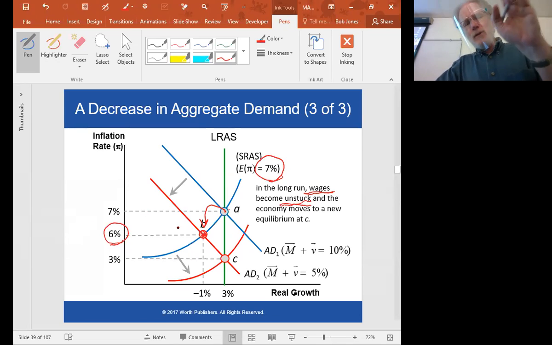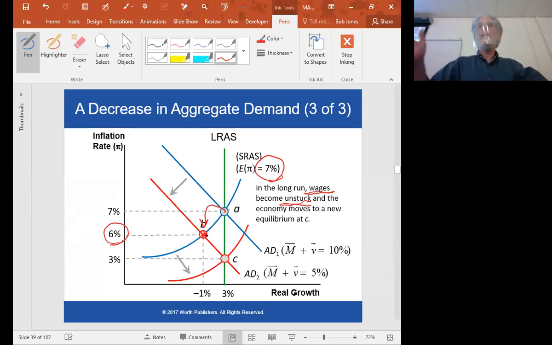And the key insight here is that when we are in a situation like this, eventually expectations will adjust. If everybody's expecting 7% inflation for next year, but we only get 6%, okay, what are they going to expect the following year?